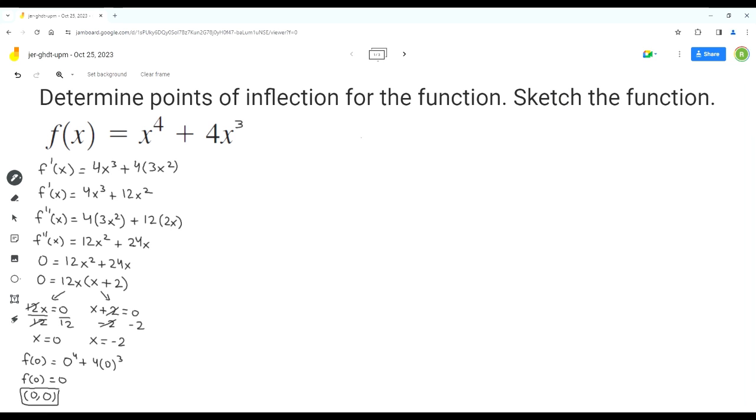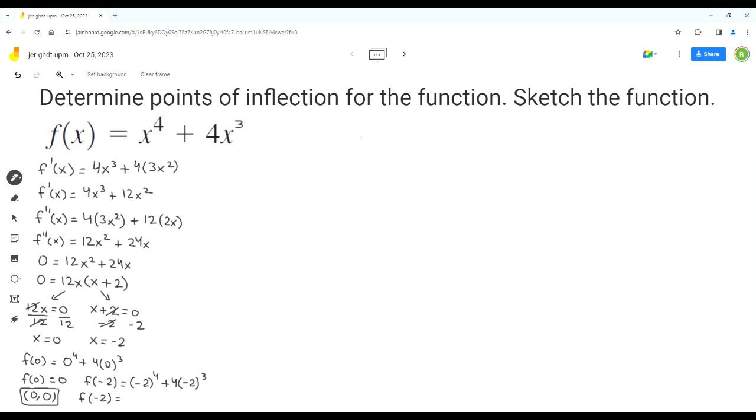Now we can sub in x as negative 2 in the function. So f at negative 2 equals negative 2 exponent 4 plus 4 times negative 2 cubed. Now we can simplify.